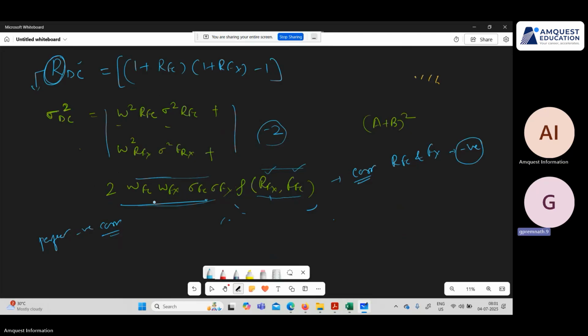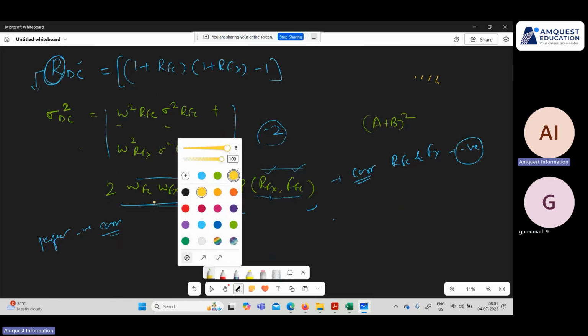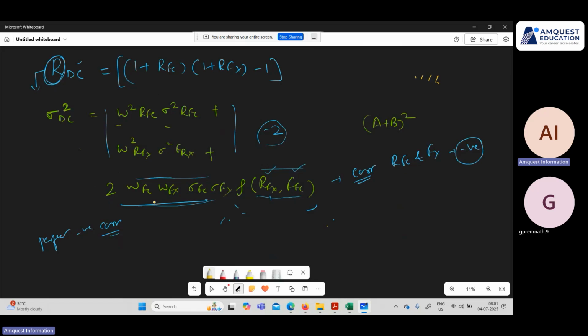That I understood. And also, is it okay to say that in case my RFC is going to be my risk-free return, then can I say that my sigma RDC is given by sigma RFX times 1 plus RFC?